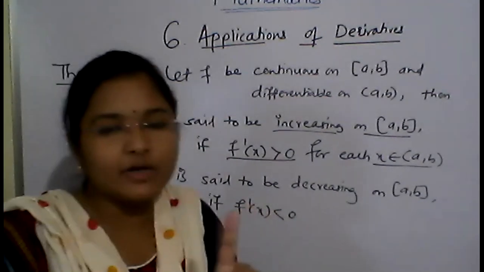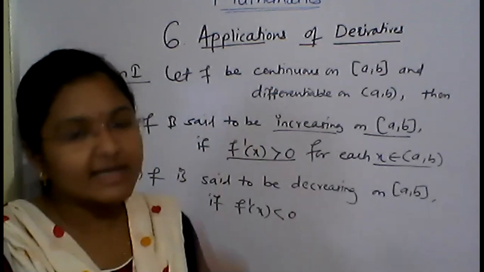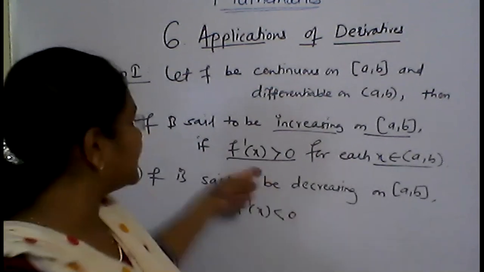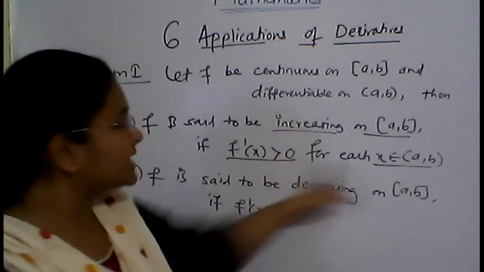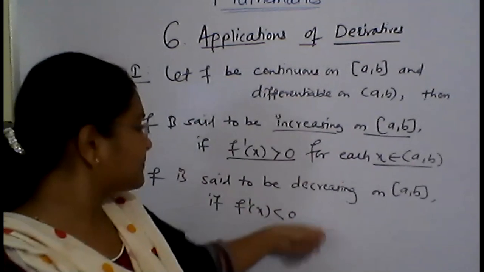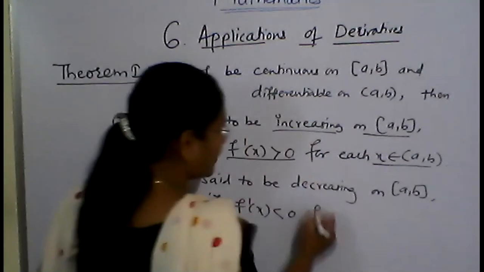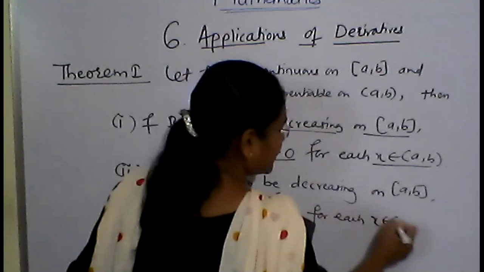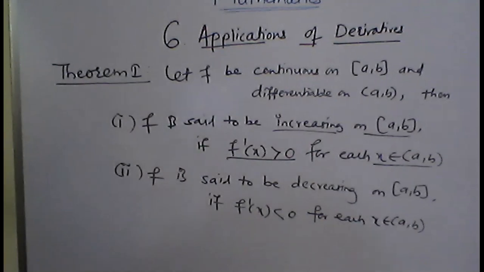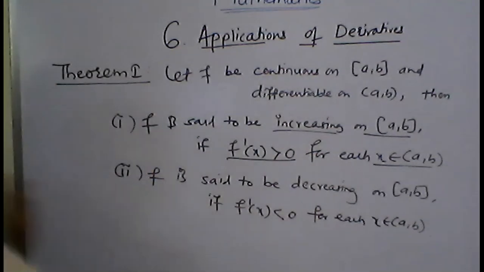If the derivative is greater than 0 for all x belongs to the open interval, then we can say that the function is increasing. If the derivative is negative for each x belongs to the open interval AB, then we can say that the given function is decreasing function. Any doubt in this?